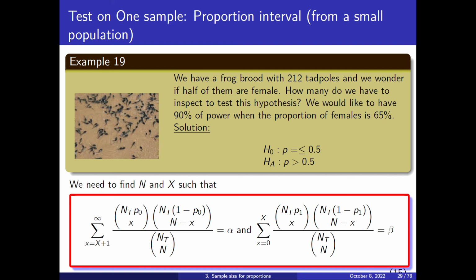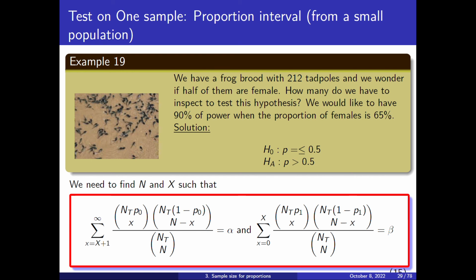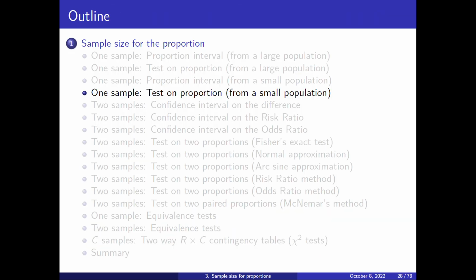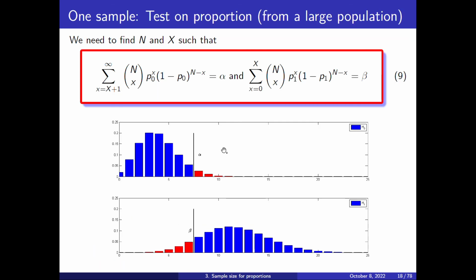Okay, so as always, we need to find a distribution. We don't have a graphical representation here, but it is somehow similar to the one we had before. We have a null hypothesis, we have an alternative, and we have to find a point. From that point to the right, the probability has to be alpha. From that point to the left, it has to be beta.